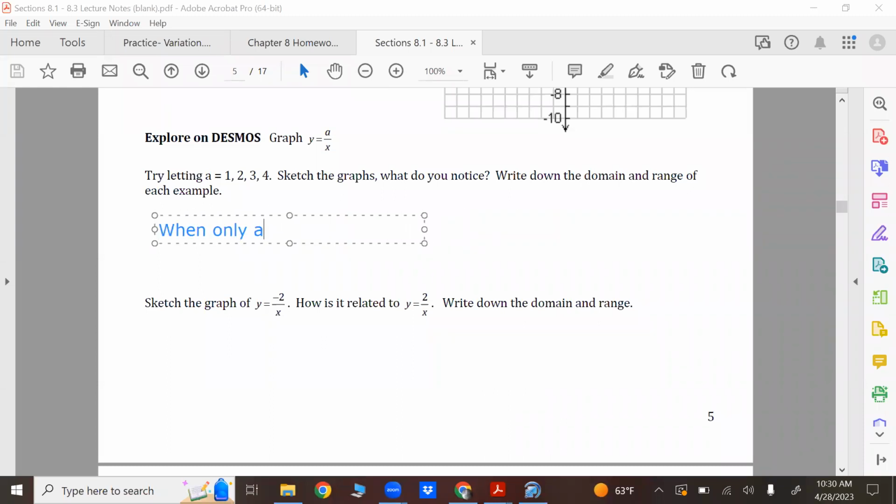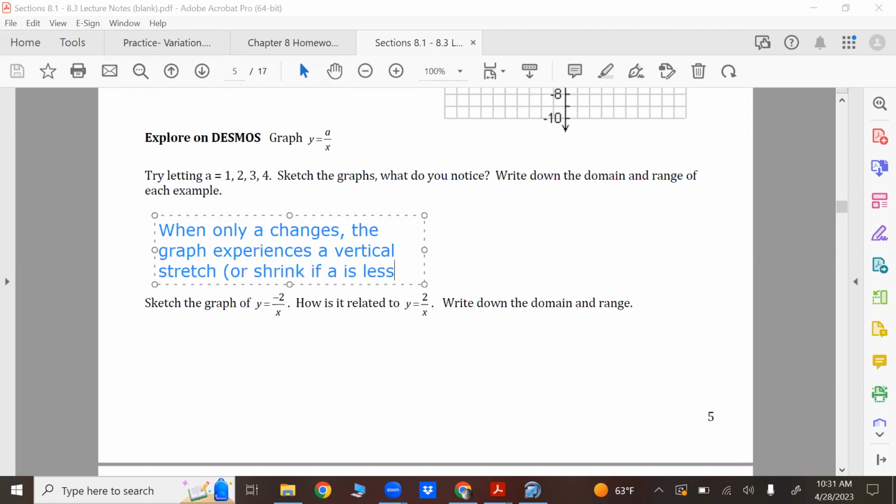When only a changes, the graph experiences a vertical stretch, or shrink if a is less than 1. But the lines will never cross the actual axis. Right.